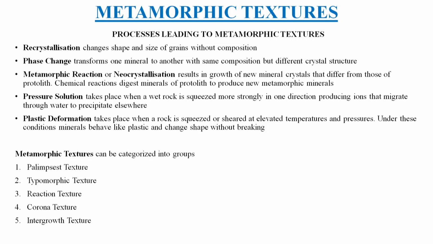Also, it might result in the formation or transformation of a parent mineral into some other polymorph of its same composition. So recrystallization changes the shape and size of grains without changing their composition, because the composition will not change, but the structure of the mineral might change, resulting in transformation of the parent mineral into a different polymorph of the same composition.